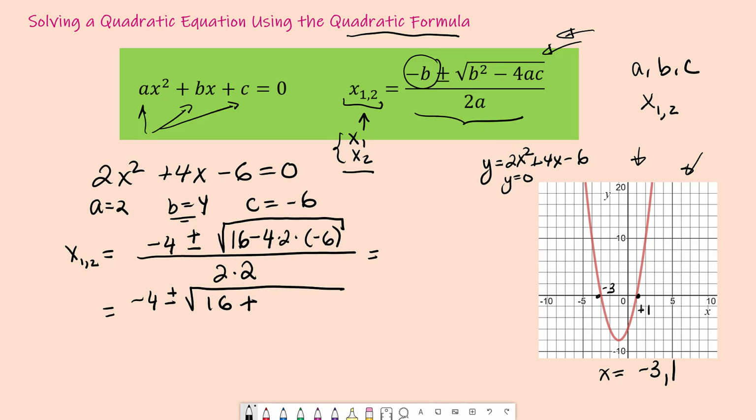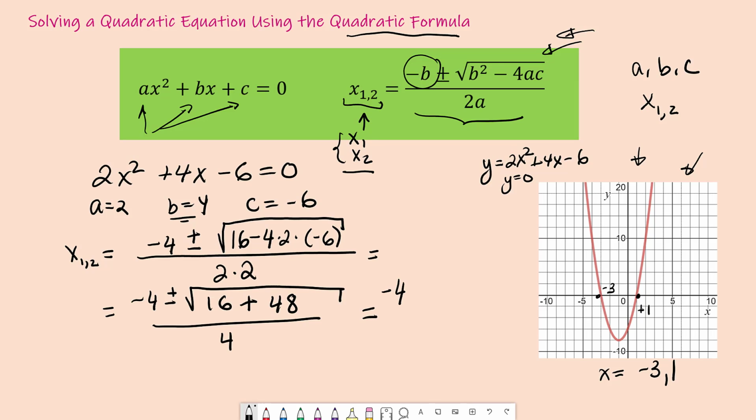What is the positive value? 4 times 2 is 8. 8 times 6 is 48. So we have 16 plus 48. Again, we have a plus here because our c was negative. And we divide all this by 2 times 2, which is just 4. Okay, let's take another step.